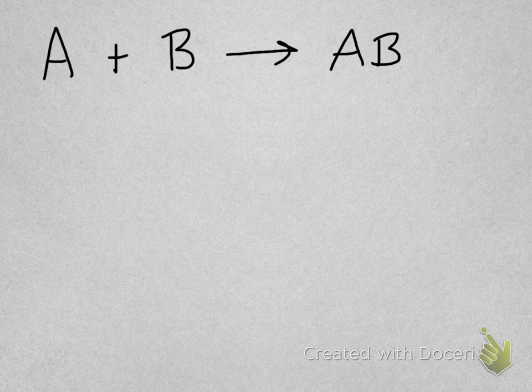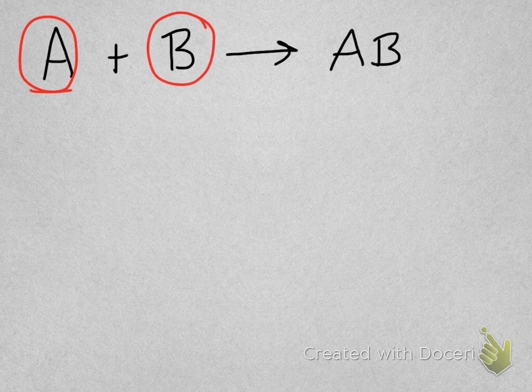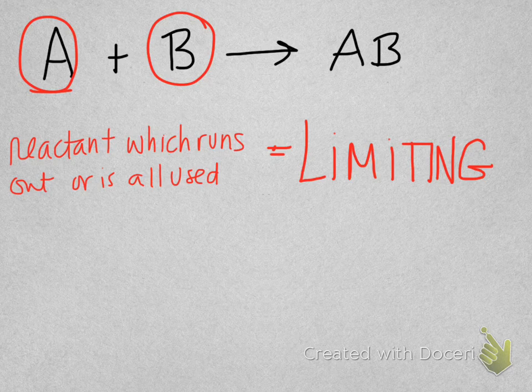So to recap, one of these reactants, unless we have absolutely nailed the calculations, is probably going to run out. Whichever one runs out is your limiting reactant. When your reaction has run fully, there won't be any of your limiting reactant floating around in there with your products. It's all gone. It's been used up.